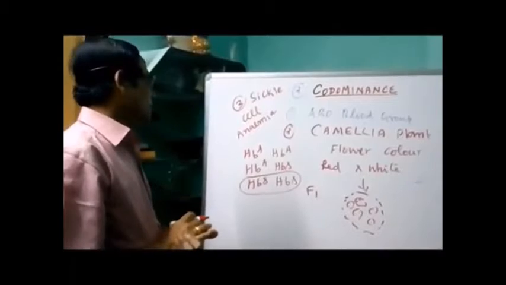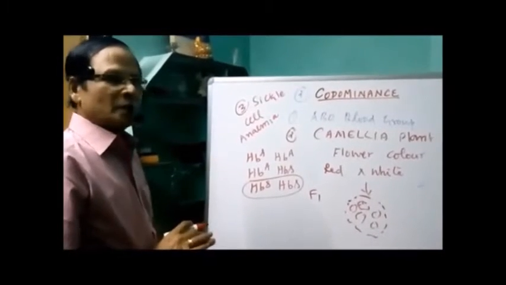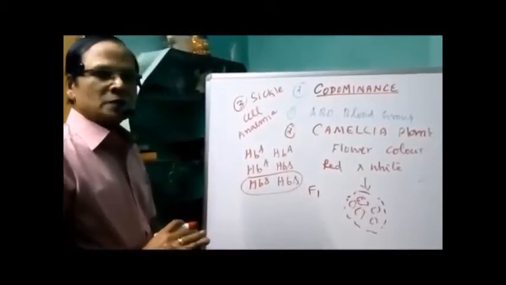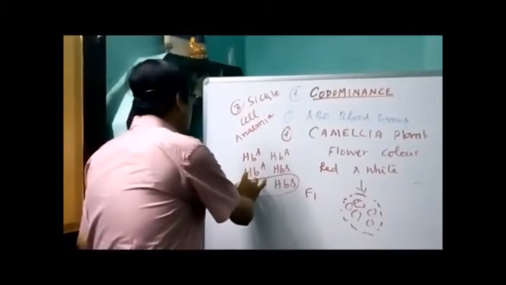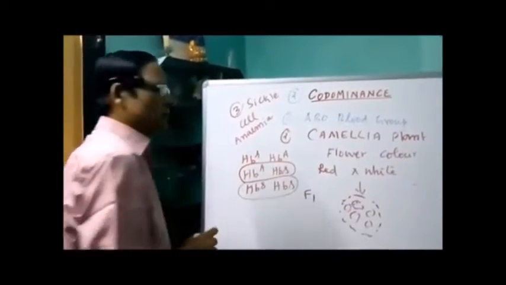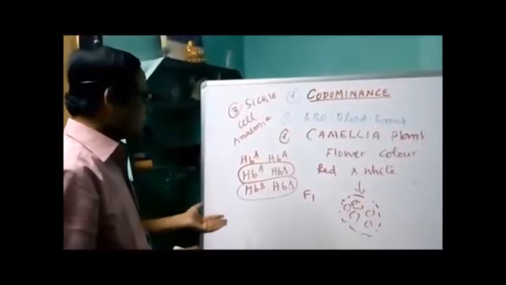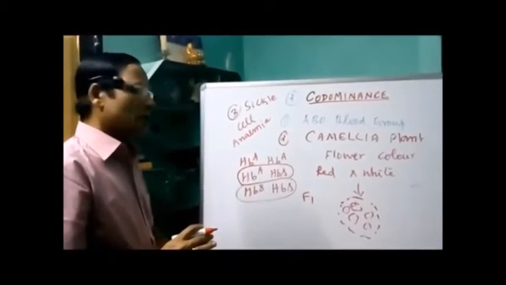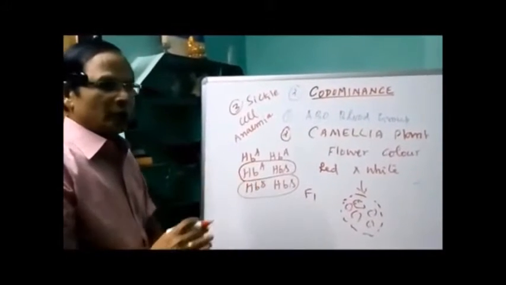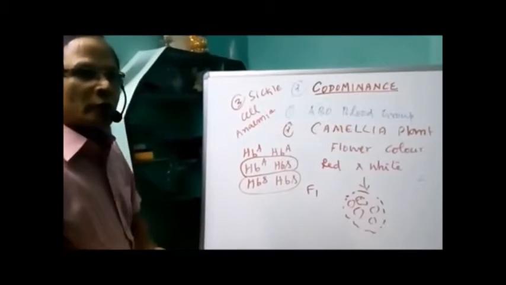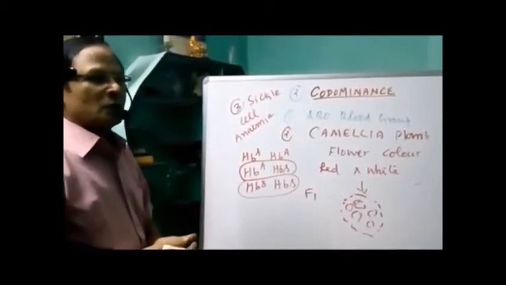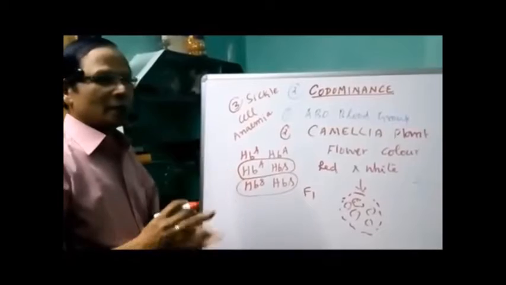Here too there are three different genotypes. In the heterozygote, the normal hemoglobin and sickle cell hemoglobin are expressed equally, and this provides the person an advantage to resist malaria.